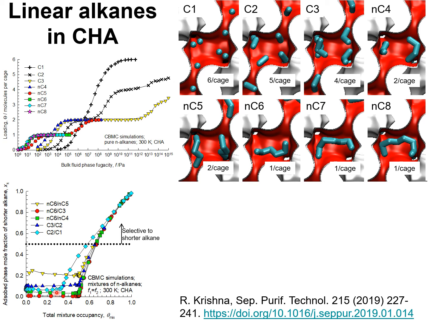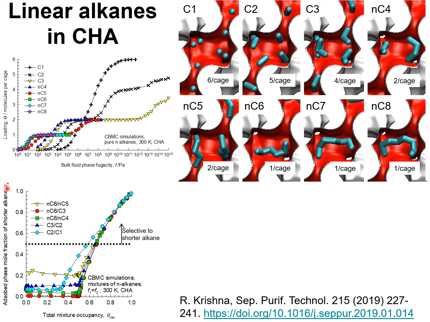To demonstrate this, we carried out configurational bias Monte Carlo simulations for various mixtures: methane-ethane, ethane-propane, normal butane-normal hexane, propane-hexane, pentane-hexane.